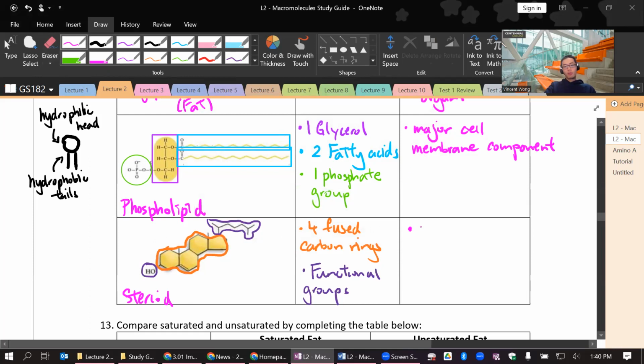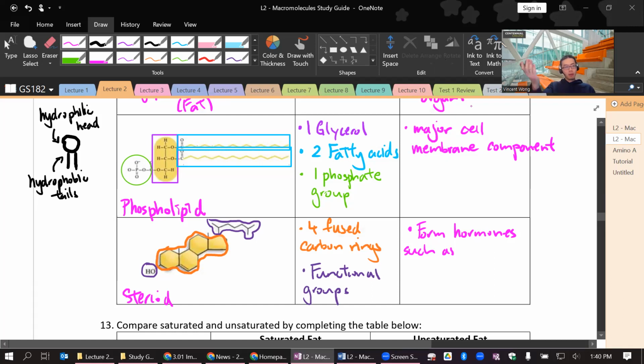Okay, so they form hormones. Hormones such as, what kind of example did I give you guys in class? What kind of hormone in the body is a steroid hormone? Male hormone, female hormones?